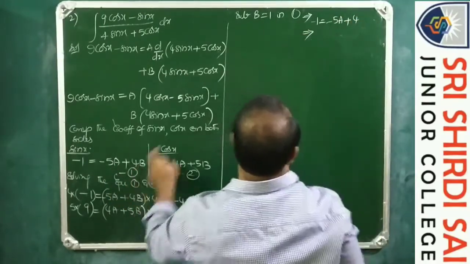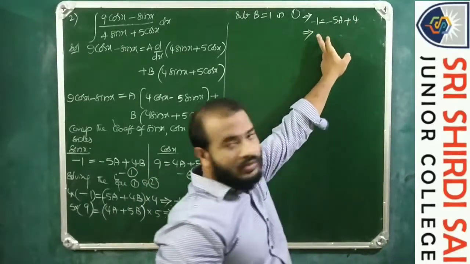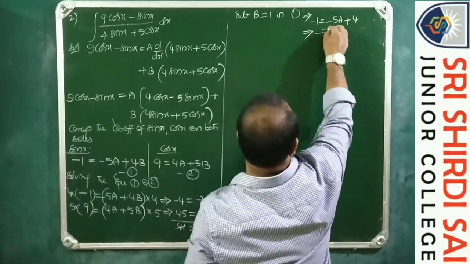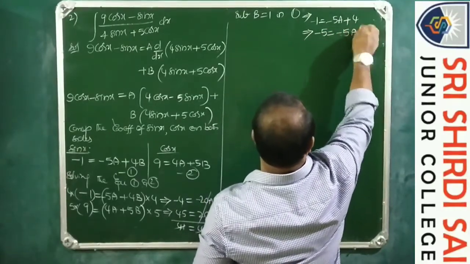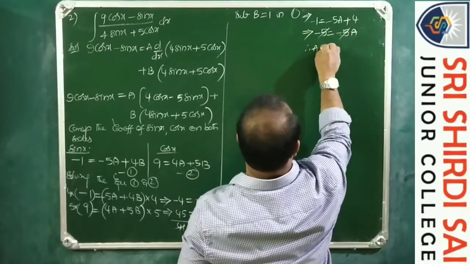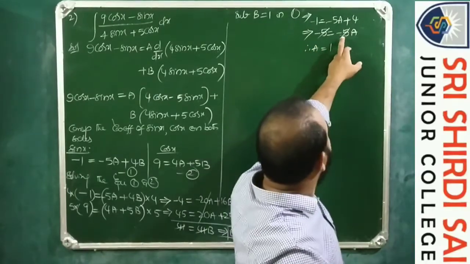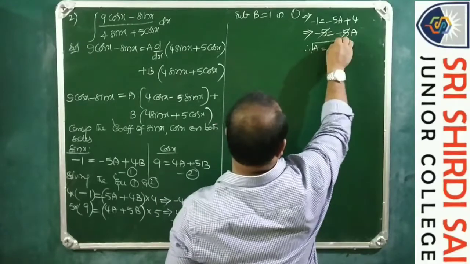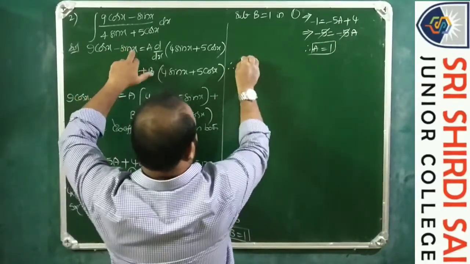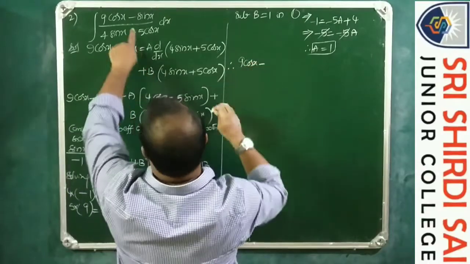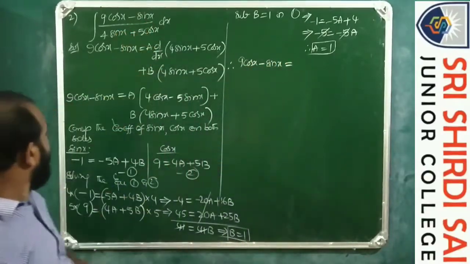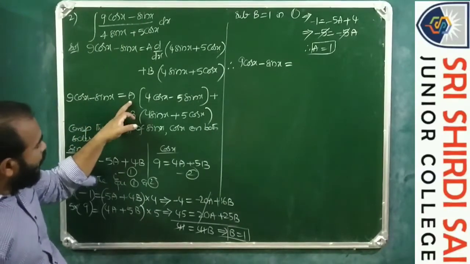So this is equals to this plus 4, if you take to that side, minus 4 minus 1 is minus 5 is equals to minus 5a. So these two gets cancelled. Therefore a is equals to 1 we get. Therefore 9 cos x minus sin x, this is equals to, a value is 1.